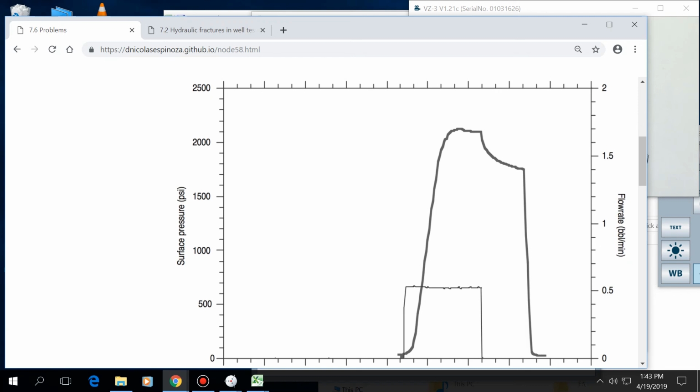Here I'm just asking you to point to, in the right order, where you think more or less the instantaneous shut-in pressure is and the fracture closure pressure.